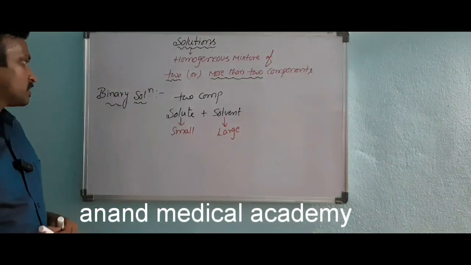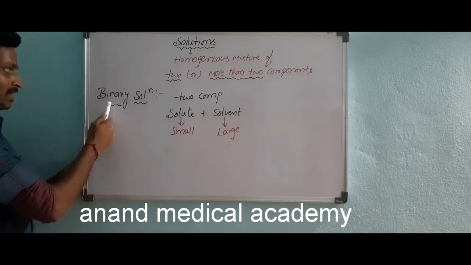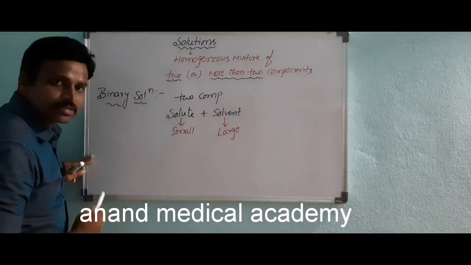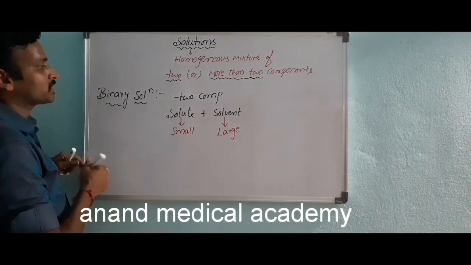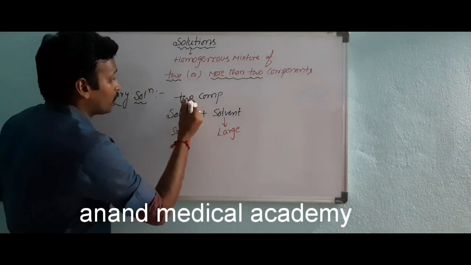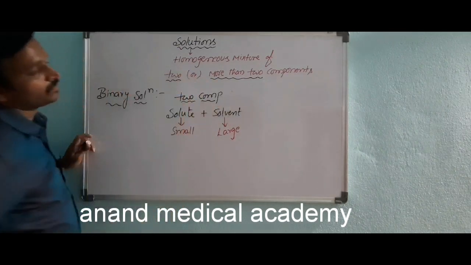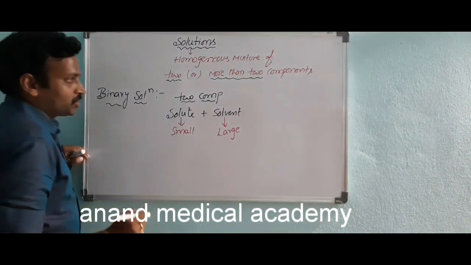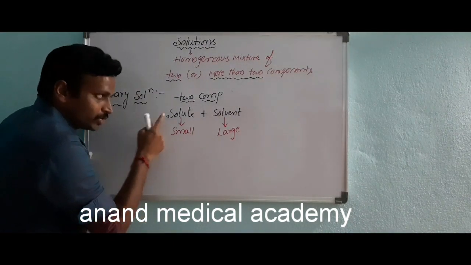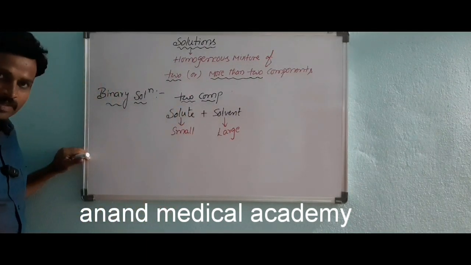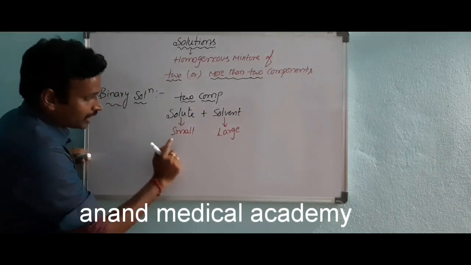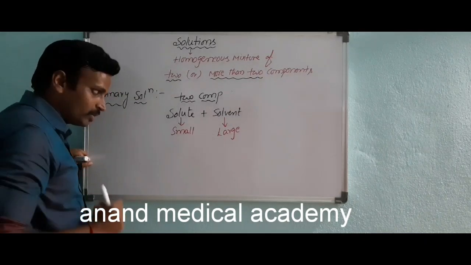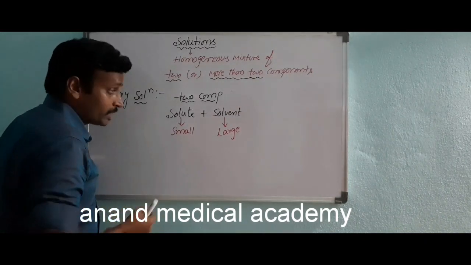Solutions can be classified based on the components. First, you can have a binary solution. What exactly does binary solution mean? A binary solution consists of two components. In those two components, one we call the solute, another we call the solvent. Usually, the solute is the small quantity. Actually, that is a wrong word if I use it, but generally I am using it that way.